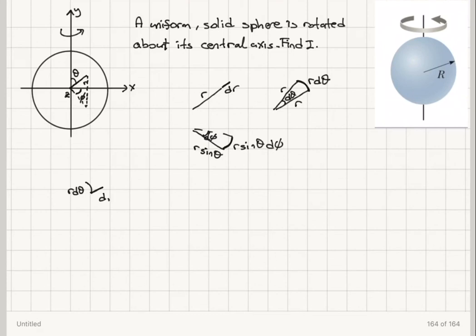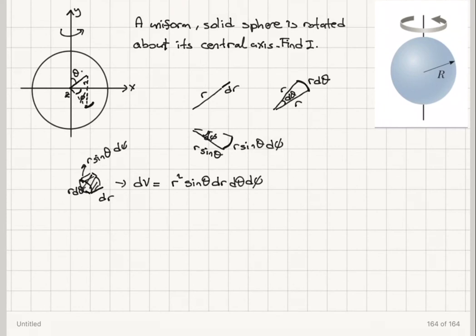Then I will have dr, that is on the radial axis, and then I will make another rotation for the projection of this. So this is going to give me r sine theta d phi. So the volume element here is r squared sine theta dr d theta d phi.